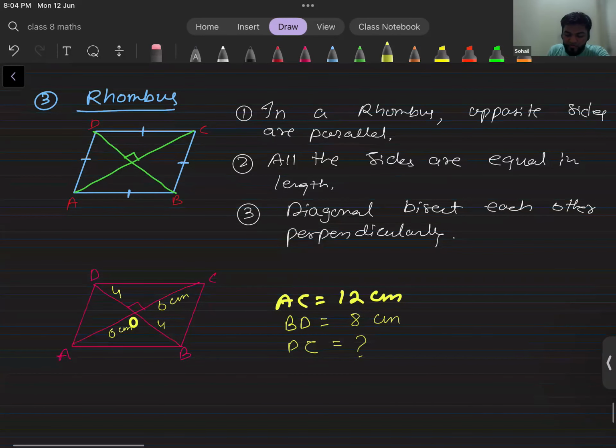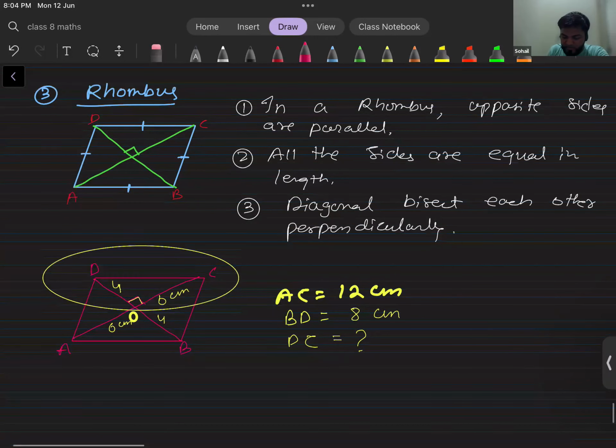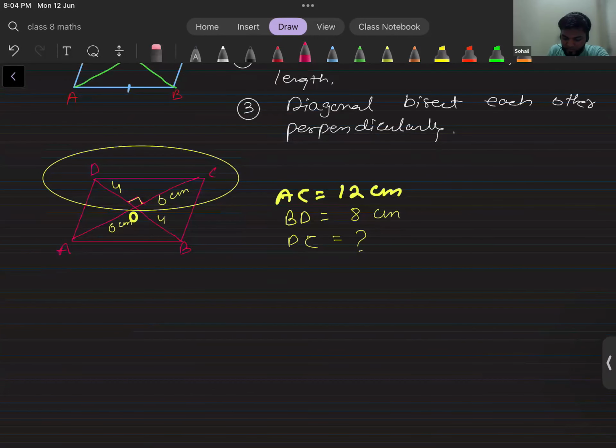Using the Pythagoras theorem, you can find the measurement of DC, since this is a right angle triangle. If you take this triangle outside, it will look like this. This is O, C, and D. What is the measurement of OC given here?